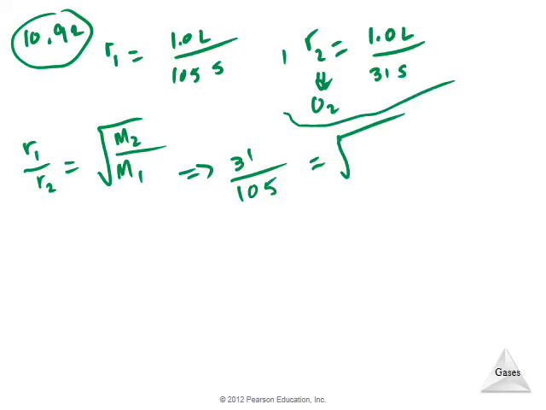Mass 2 is oxygen, so it's 32 divided by M1, and from here we get M1 equals, let's write down here, 367 grams per mole.